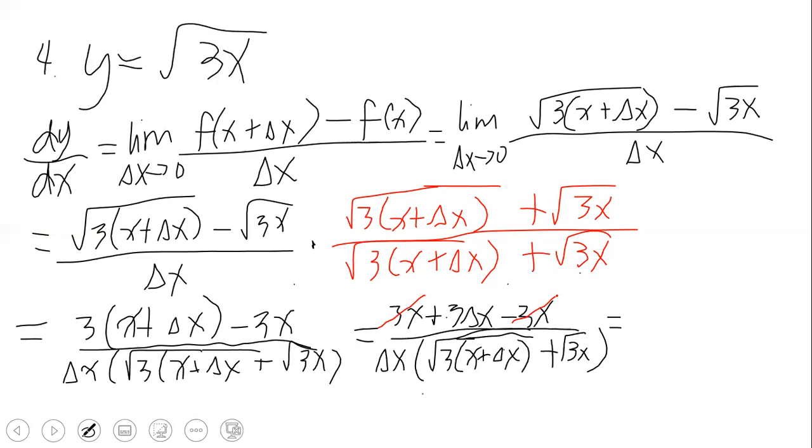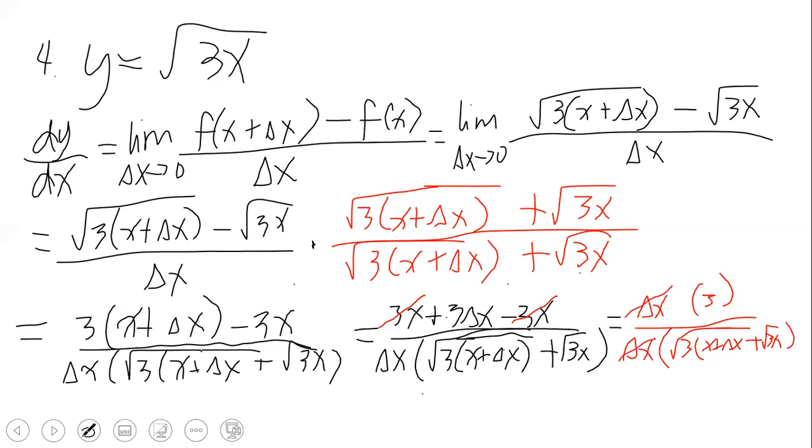So, this time, meron tayong makikitang term na delta x times of 3. Tapos, meron tayong delta x na sa labas. So, yung square root of 3 times x plus delta x plus square root of 3x yung term.